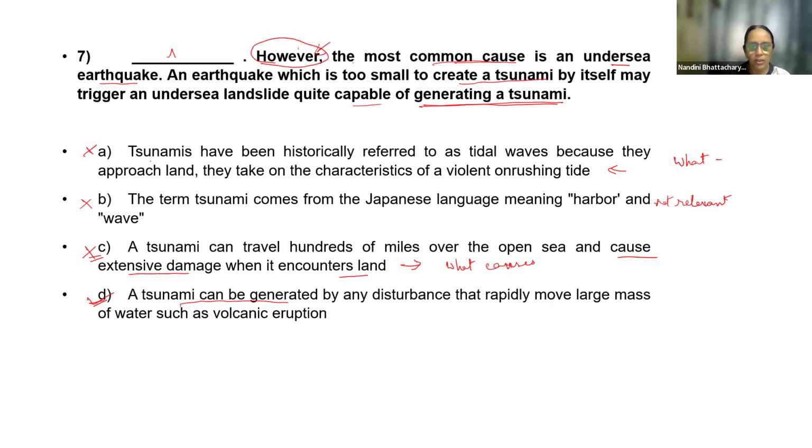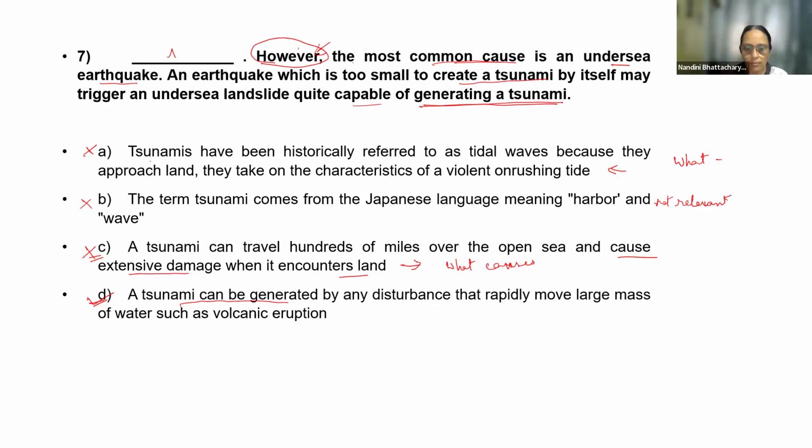Got it? So Shyam, tell me where you're going wrong. You have to be able to analyze what it is that is getting you the wrong answer. Ma'am, I couldn't guess the main theme of the paragraph as it is saying about generating a tsunami.